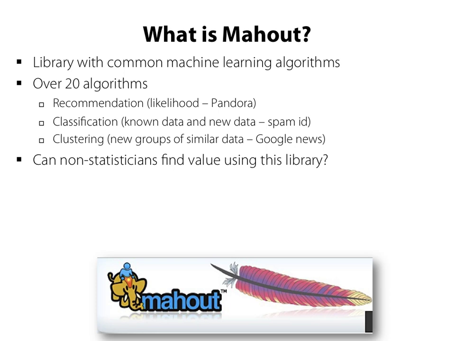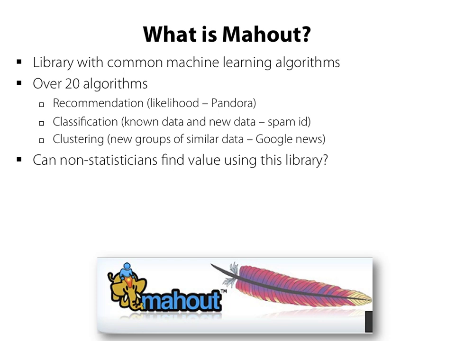The algorithms include recommendation, which is likelihood. So an example of this is Pandora Music or Amazon shopping baskets. Classification is where you provide it with known data and then new data, and then it can identify what new data is most likely to be classified in the same type of group as the known data. So a common business case is the identification of email spam.